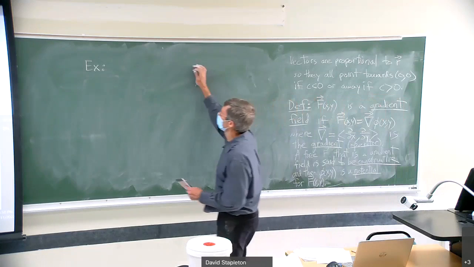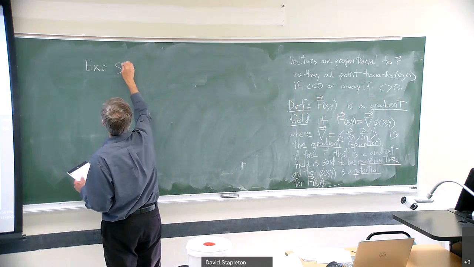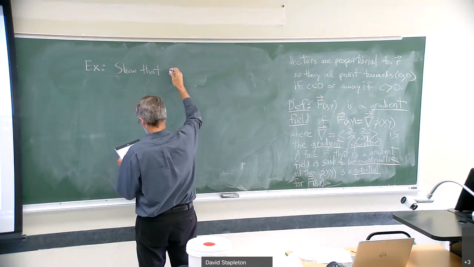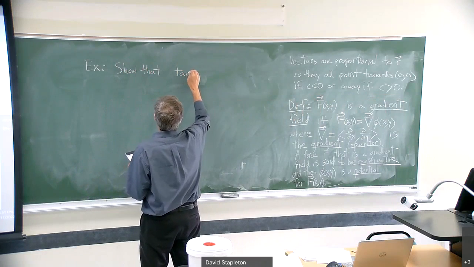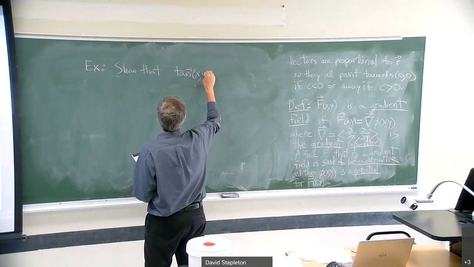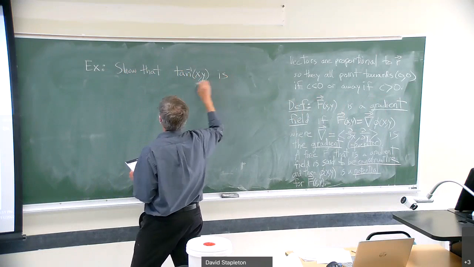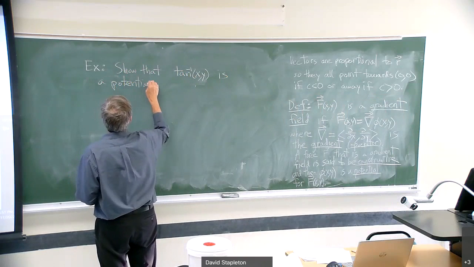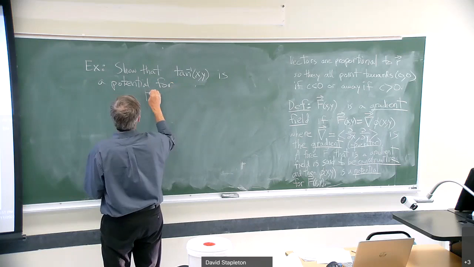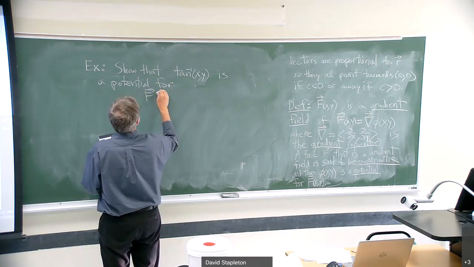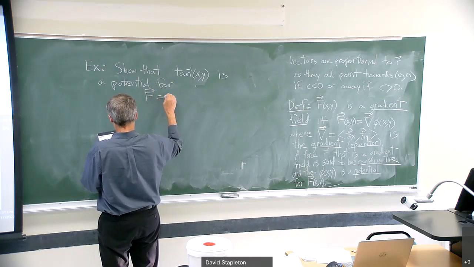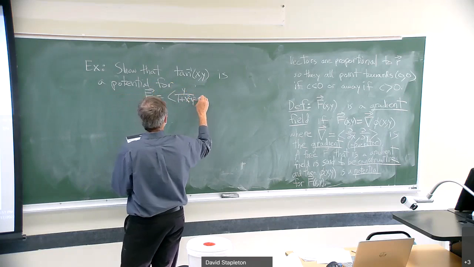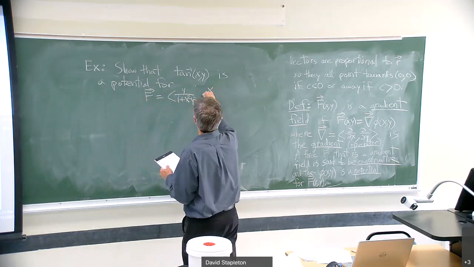All right, so here's an example then. Show that arctangent xy is a potential for the function f equals y over 1 plus x squared y squared, x over 1 plus x squared y squared.